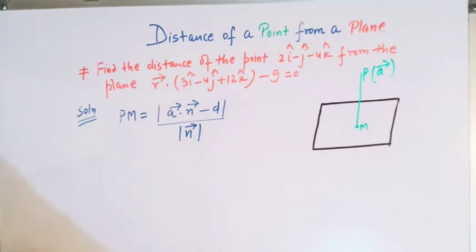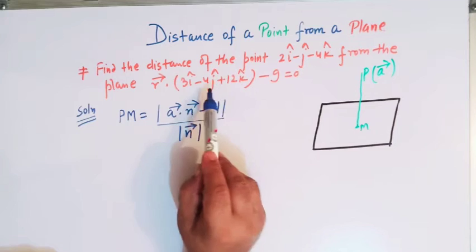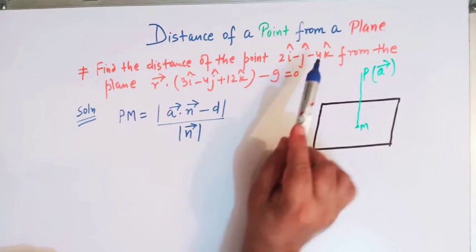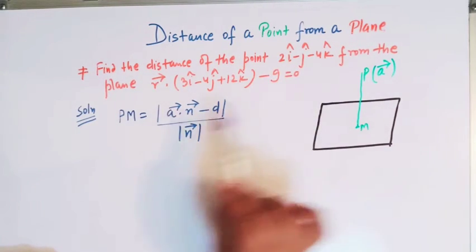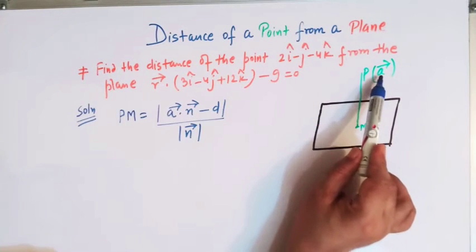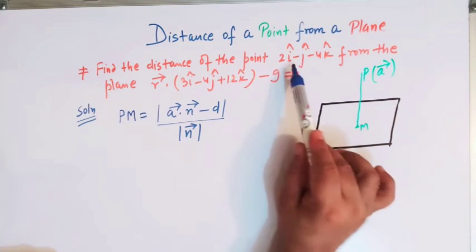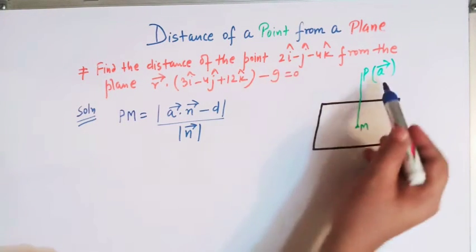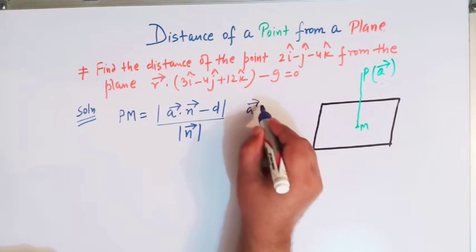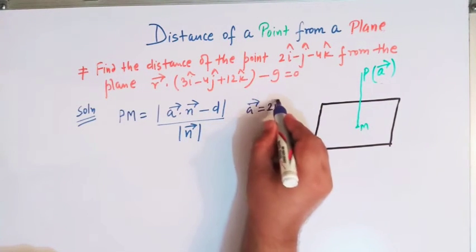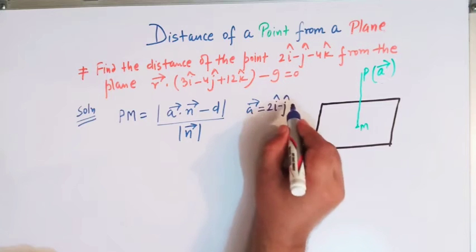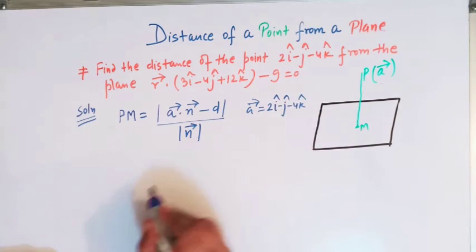So here the point P has the position vector a, and vector a is given by 2i cap minus j cap minus 4k cap, right?